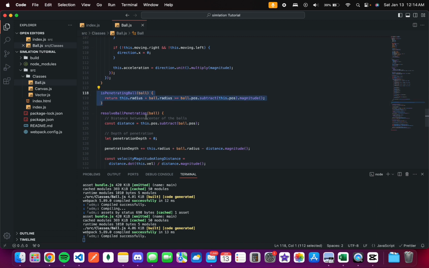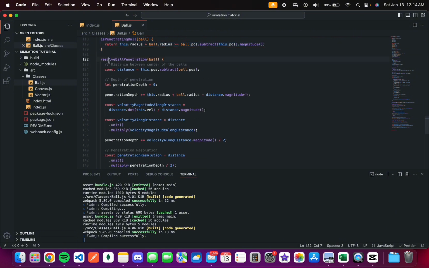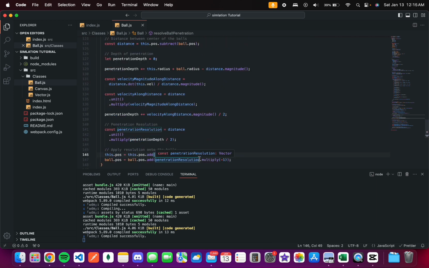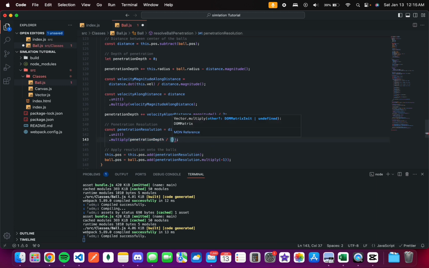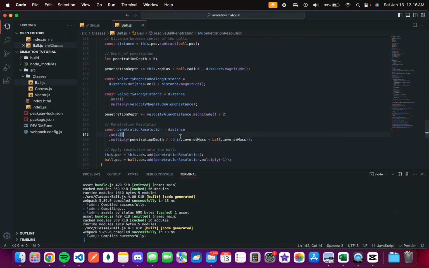So this method does not have to change because it does not use anything related to mass, so we don't have to touch that. However, resolve ball penetration and resolve ball collision do. So let's get started with those. Over here we're going to be changing the penetration resolution, and initially we put it as divided by 2 for this as the multiplication. However, if we are considering the masses, this must be different. So instead of this, we're going to be doing this.inverseMass plus ball.inverseMass.